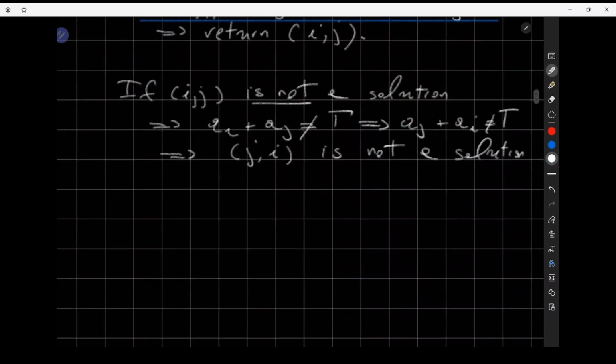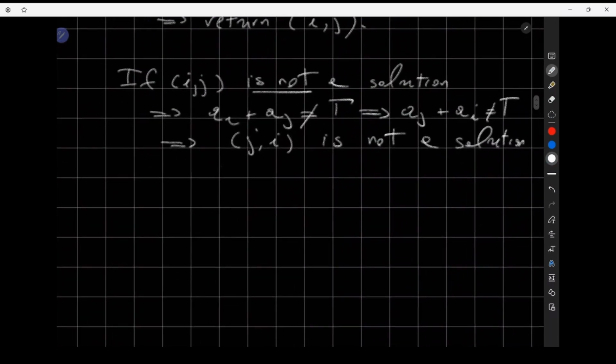What this observation allows us to do is to write a for loop where the iterations are going to be slightly fewer than the total of n squared that we could do, until we find the right solution.